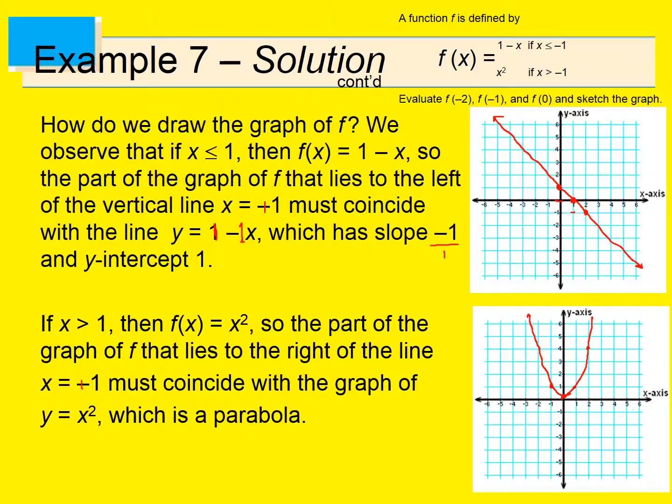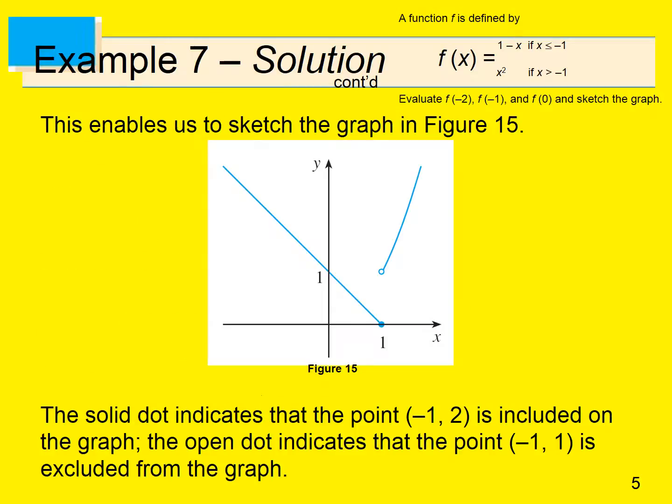Now one of these two graphs is going to be used on the left, and one of these two graphs is going to be used on the right. We're going to split it right down here along the line x equals 1. The top graph is going to happen on the left, and the bottom half is on the right. Smash them together.